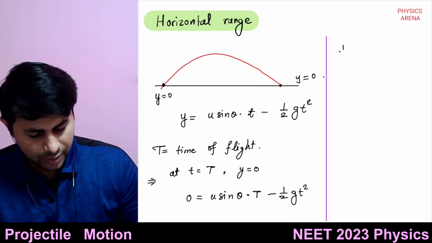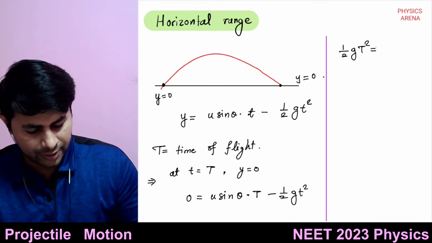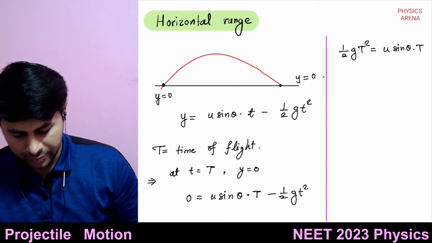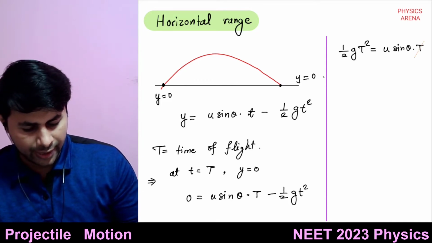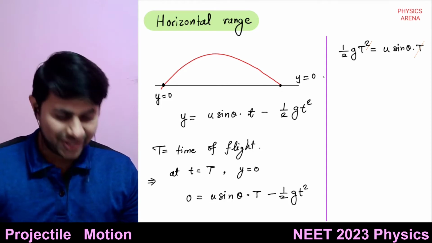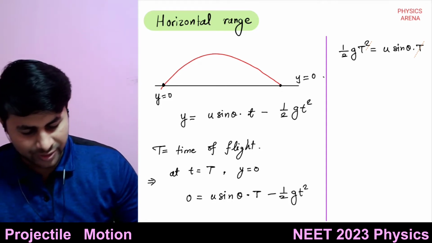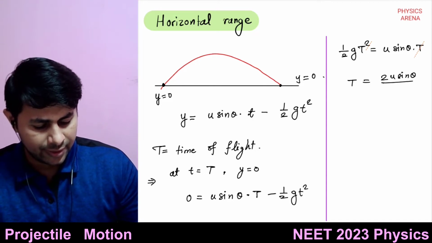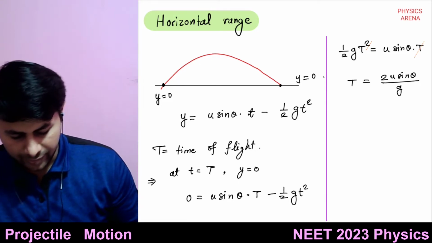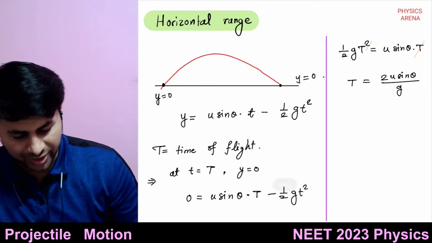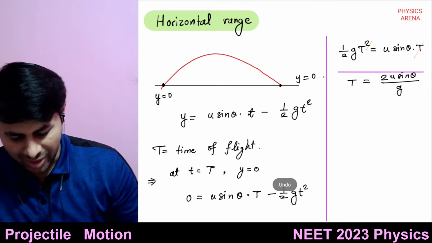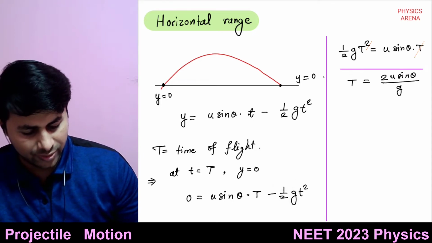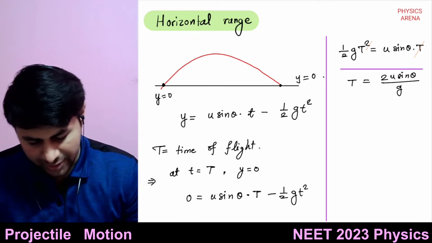Therefore, half g T square is equal to u sine theta multiplied by T. So T, and this T square gets cancelled, so you get T is equal to 2u sine theta divided by g. So what is the equation for time of flight? It is 2u sine theta divided by g.